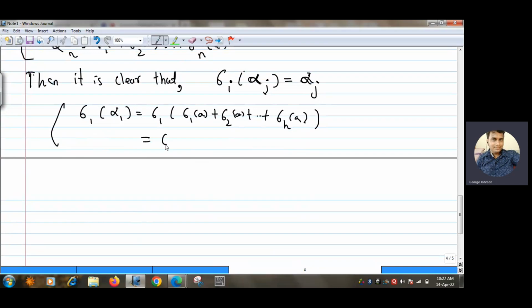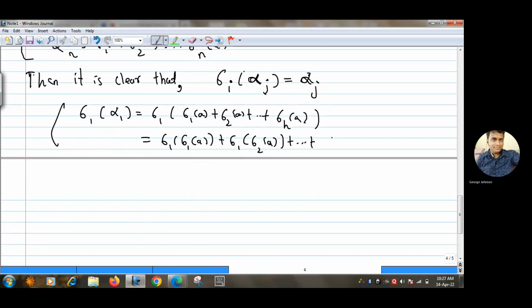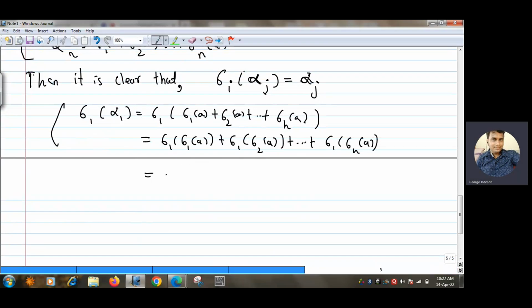And that is the same as sigma 1 of sigma 1 of a, because sigma 1 is an automorphism, plus sigma 1 of sigma 2 of a, and so on up to sigma 1 of sigma h of a. Okay, and this is sigma 1 composed with sigma 1.